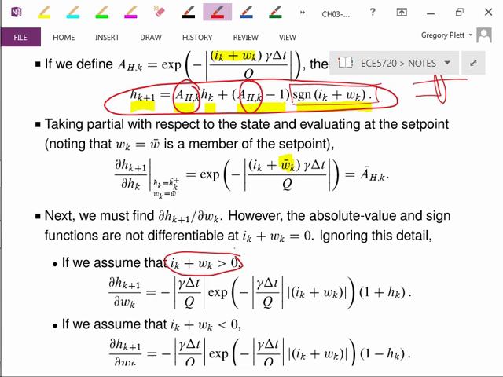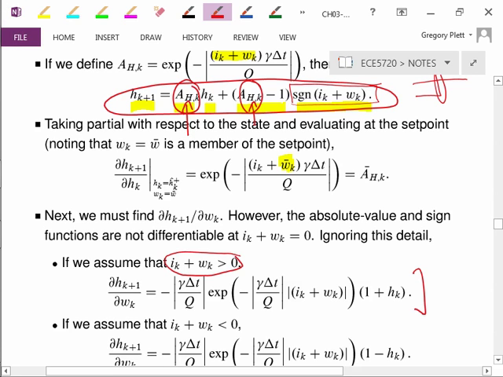You could take the derivative of this expression, remembering that W is inside of those components also, and find that the partial of H with respect to W is the equation that I have listed here for I plus W bigger than 0.